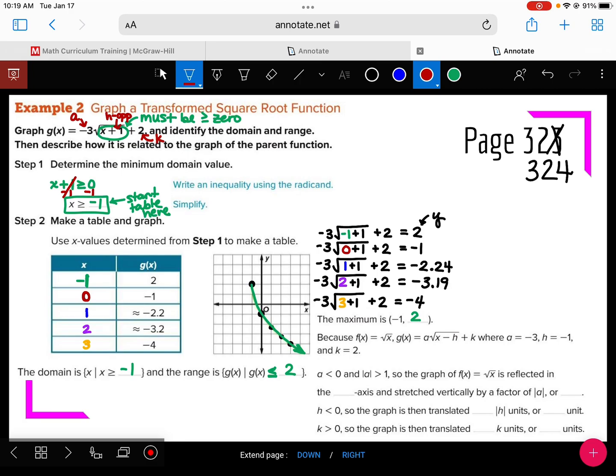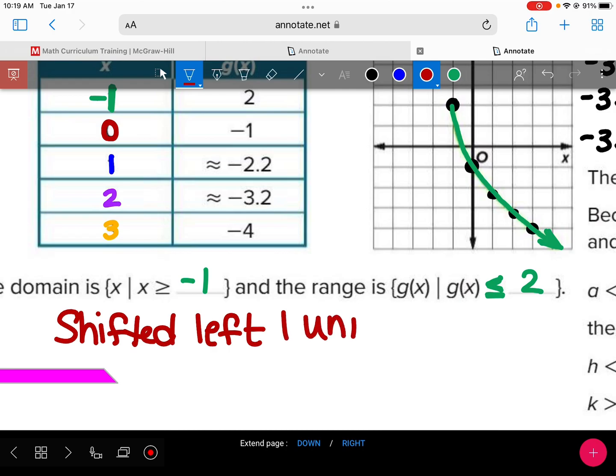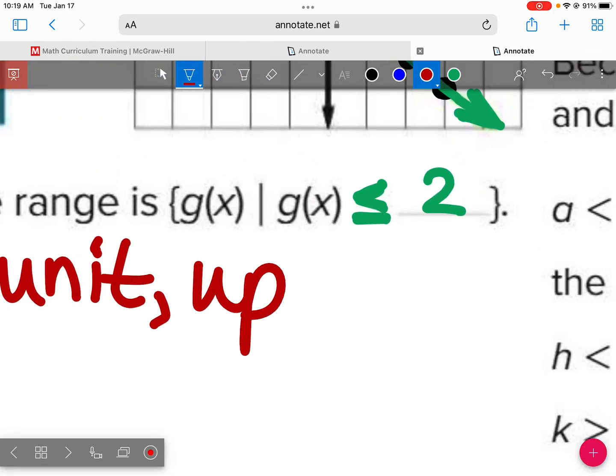We shifted left 1 unit. Did we move up or down at all from the parent? Did we go up or did we go down? Up. How far? 2 units. Up 2 units.